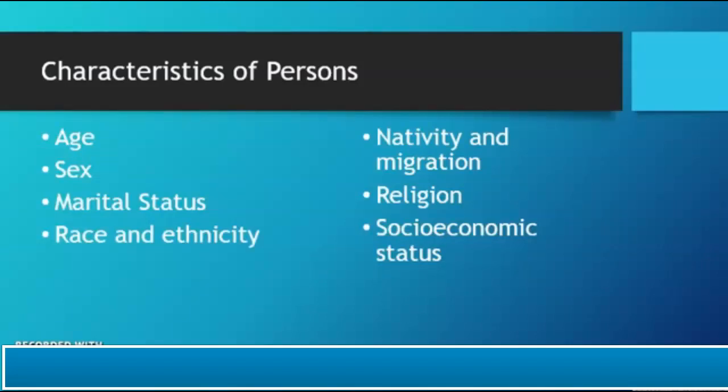So, in terms of characteristics of individuals, of persons, some of the key elements that are so significant and critical is looking at age. Age we went over in terms of indirect standardization of mortality rates, and when we were also going over some other mortality rates, we were looking at HIV death rates in a certain age group.